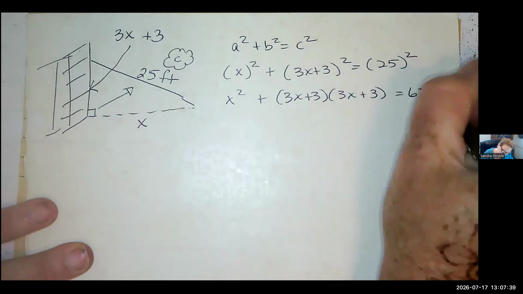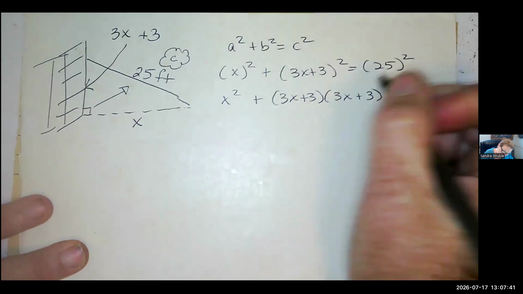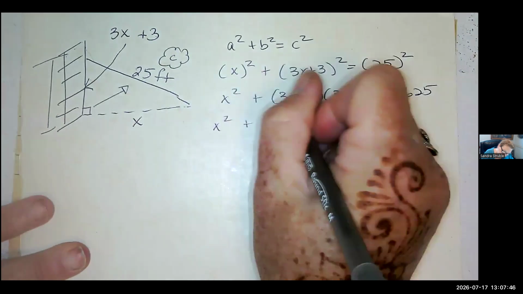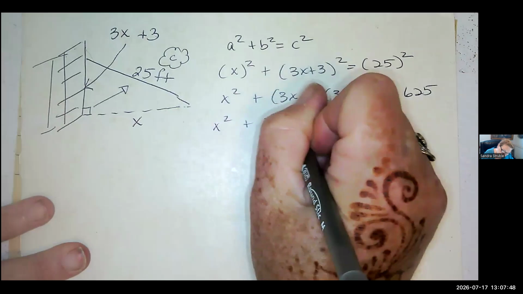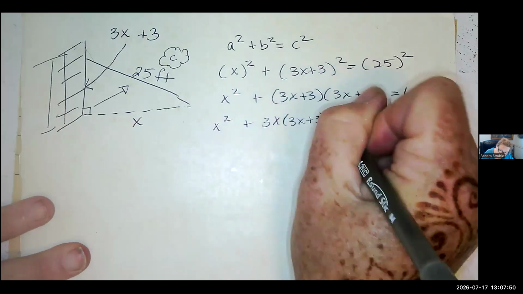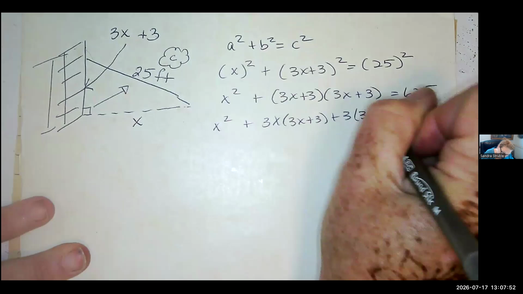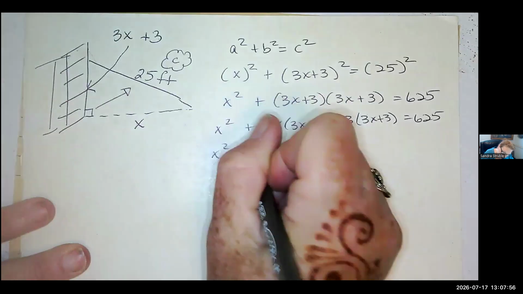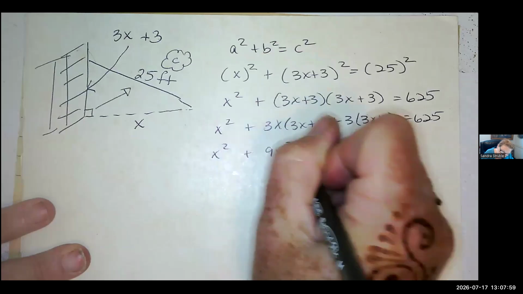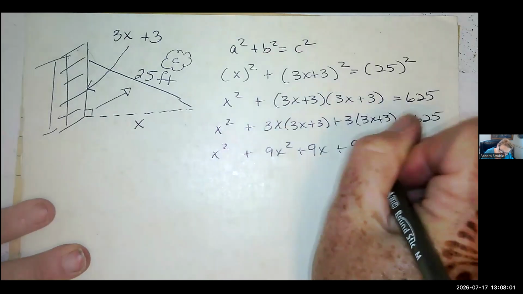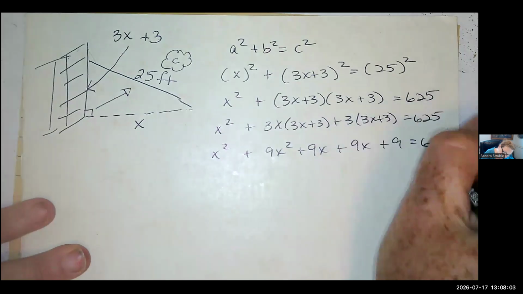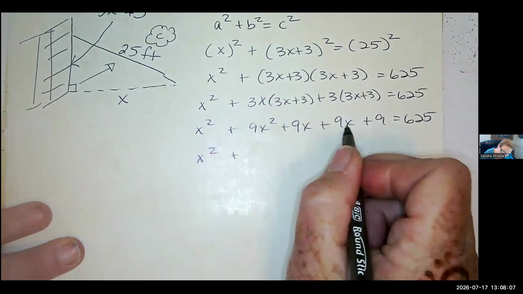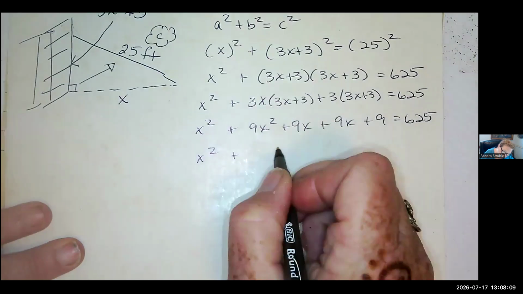We have to FOIL this or distribute, however you want to look at it. So 3X times 3X plus 3, plus 3 times 3X plus 3. I'm just distributing. X squared plus 9X squared plus 9X plus 9X plus 9 is 625. Oh, I could add these two.